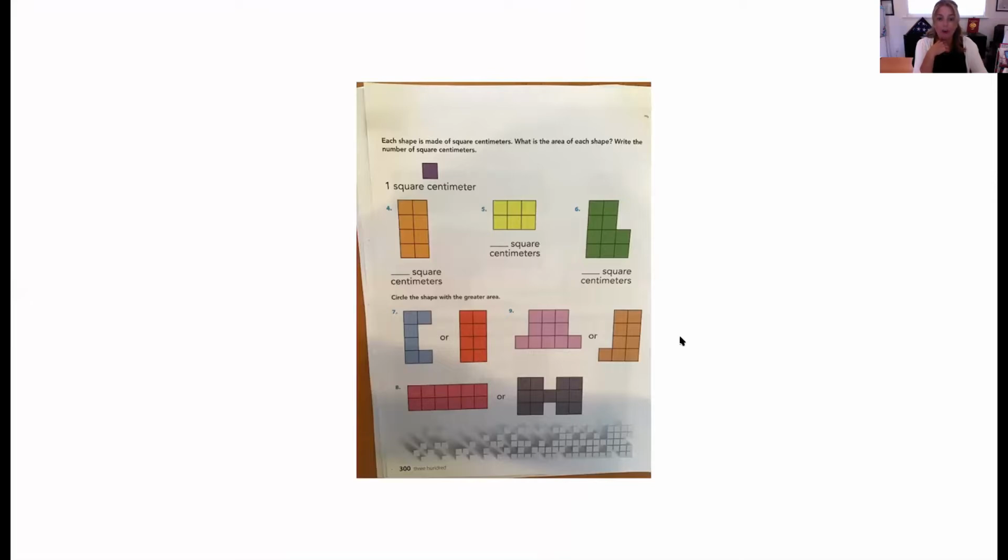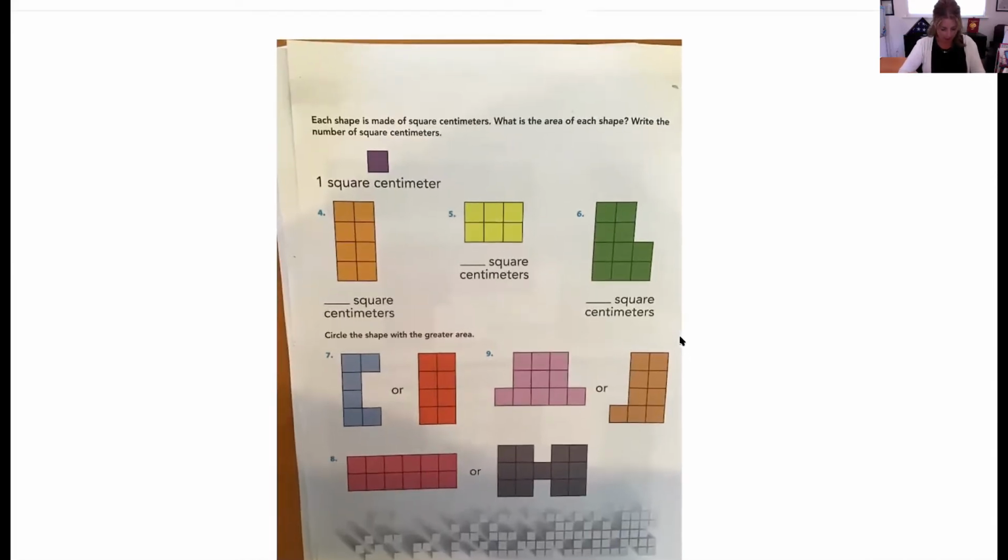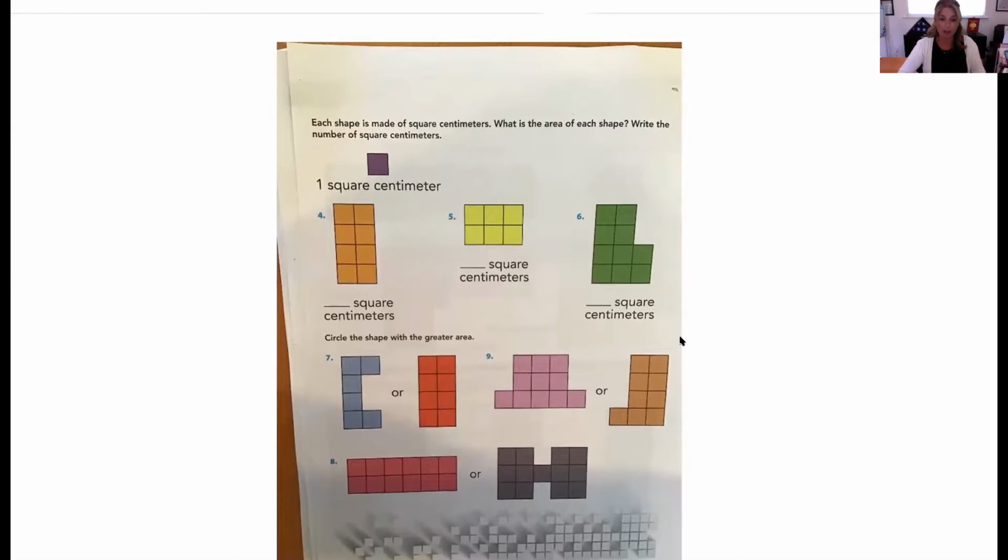Write the number of square centimeters. So remember, are centimeters bigger or smaller than inches? Smaller, correct. So we're going to measure the area in square centimeters. And again, it's 1 square centimeter on each side.